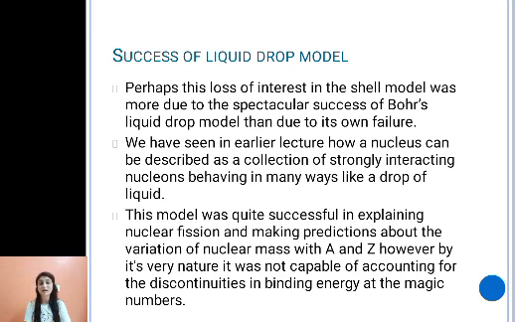This model was quite successful in explaining nuclear fission and making predictions about the variation of nuclear mass with A and Z. However, by its very nature, it was not capable of accounting for the discontinuities in binding energy at the magic numbers. So the liquid drop model was not able to give any explanation for the magic numbers, and that is how physicists again got interested in using a shell model, which can help in understanding the magic numbers.